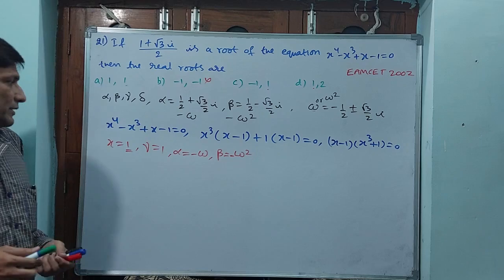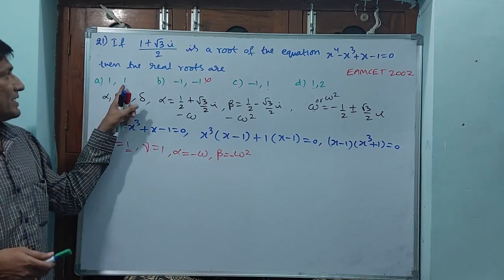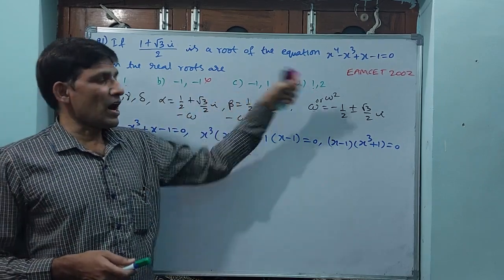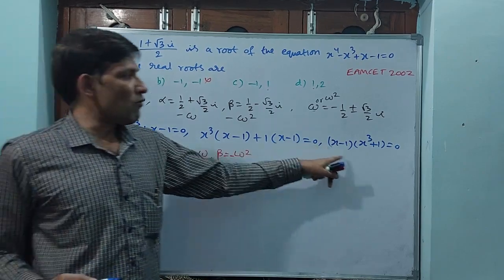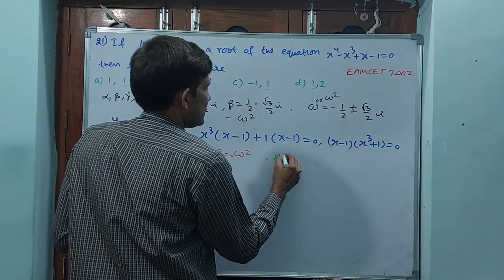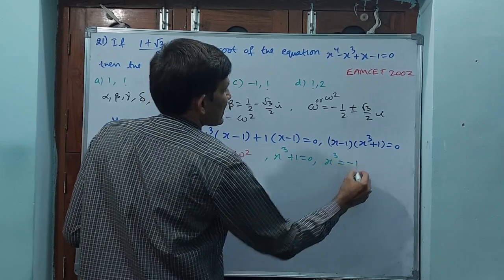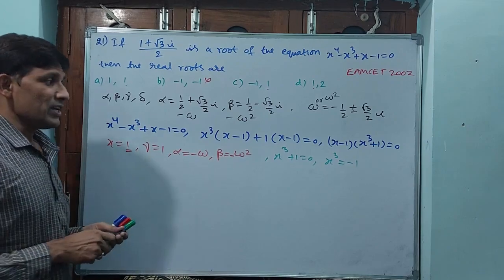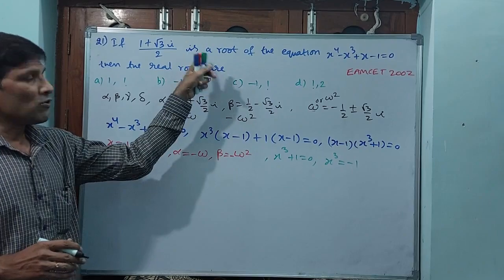Then what about the fourth root? How are you going to find it? Now see, x is equal to 1 only we have found. What about x cube plus 1 equal to 0? That means x cube is equal to minus 1. We don't bother about complex roots, they have already been given.